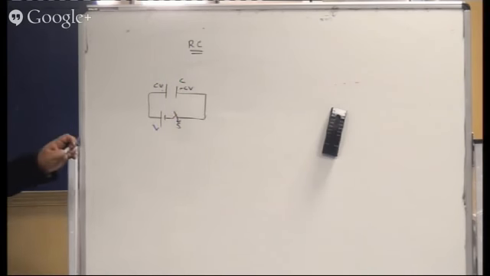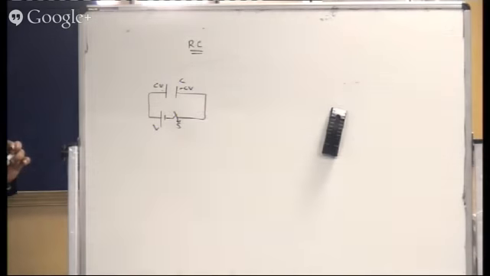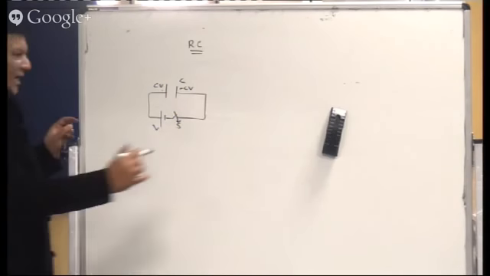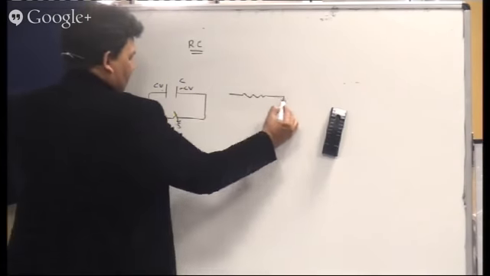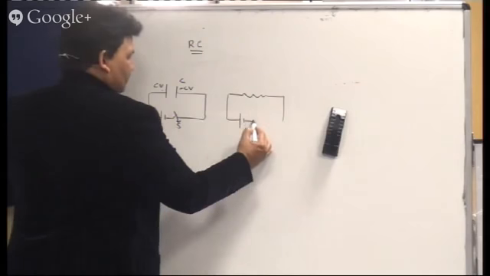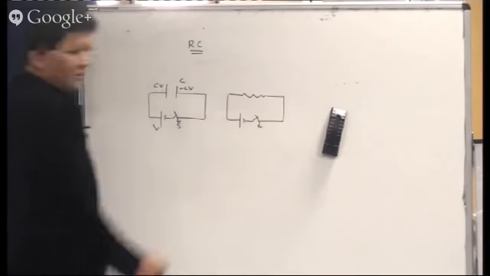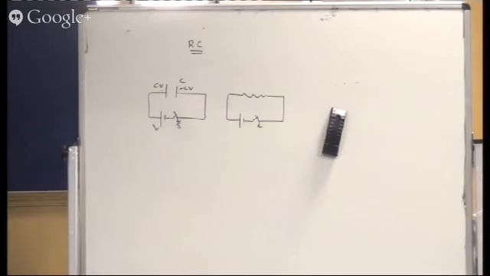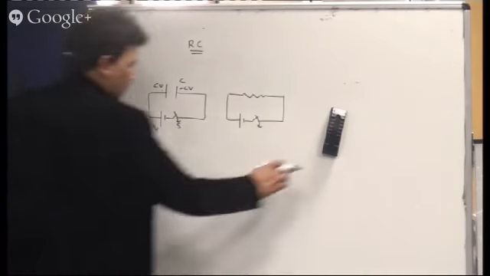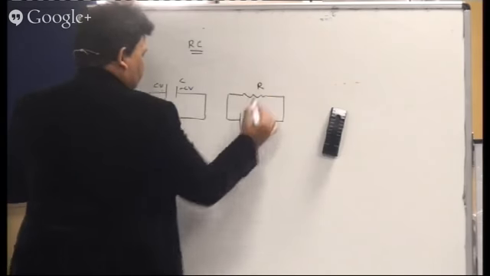And immediately, the current becomes 0. So instantaneously, current will be maximum, and then after some microseconds, this current will fall to 0, completely charged. If I had an independent resistor with a battery, and I press this key, this goes forever. This continuous current would flow. I need both of them together. That is called an RC circuit.